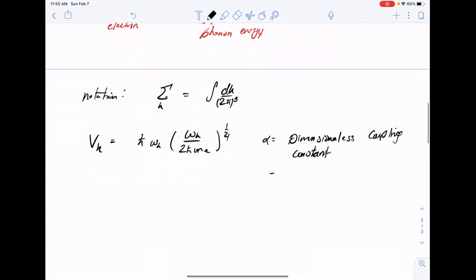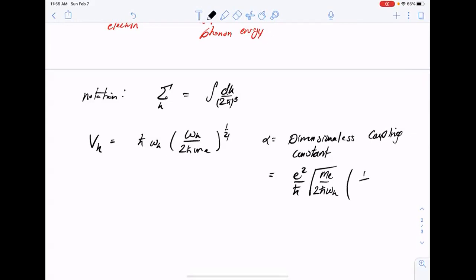it is given by some material properties which are imagined to be easily measurable. So it has the charge on the electron, reflecting the initial Coulomb coupling. It's got a square root of that band mass. The frequency of those oscillators.